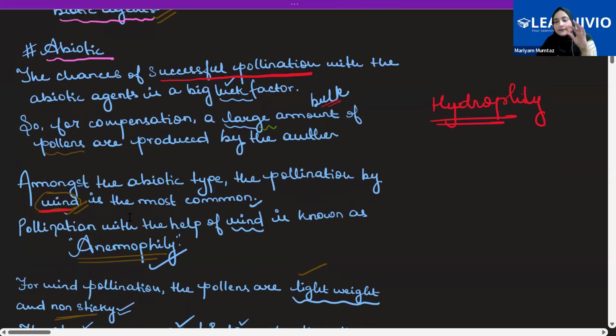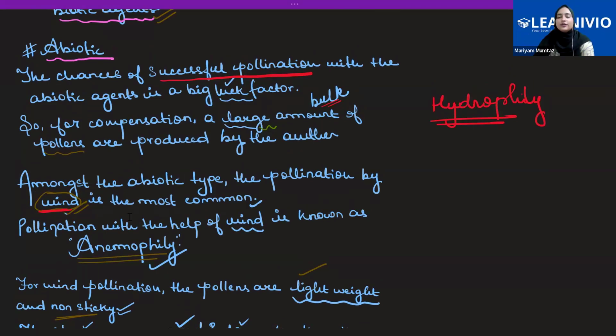In this case, since the wind and the water do not move according to any organism, right? They just flow the way they want. So here, a successful pollination taking place is a chance process. It's a luck factor, right? If the wind blew in that direction where the pollen had to be dispersed, then that is a chance factor and luck is in the favor.